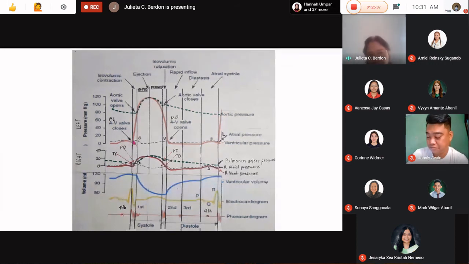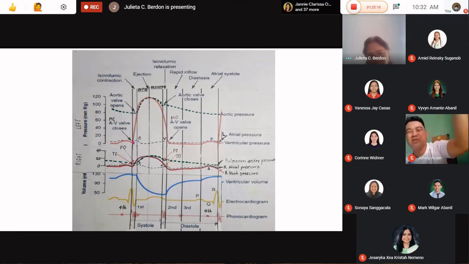So, systole is from onset of isovolumetric contraction phase to the end of the reduced ejection phase or to the onset of isovolumetric relaxation phase. So from onset of isovolumetric contraction to onset of isovolumetric relaxation.